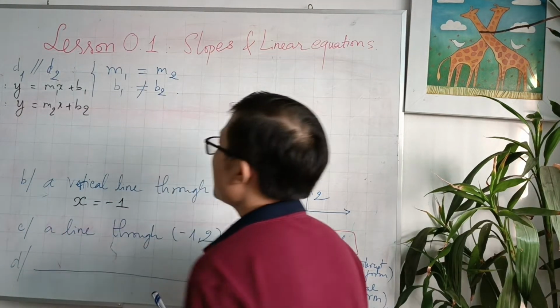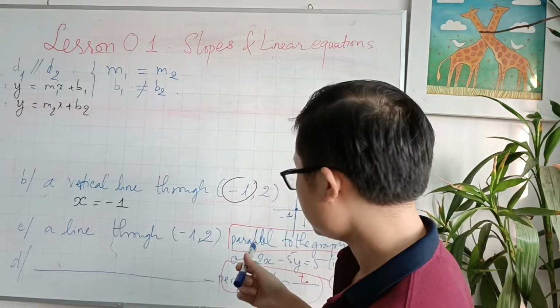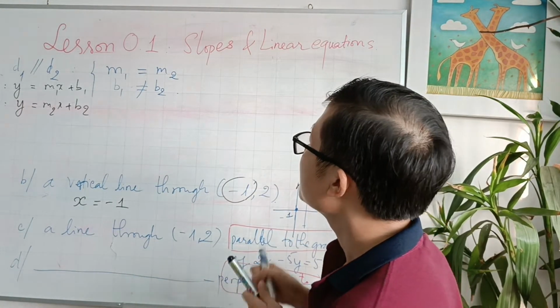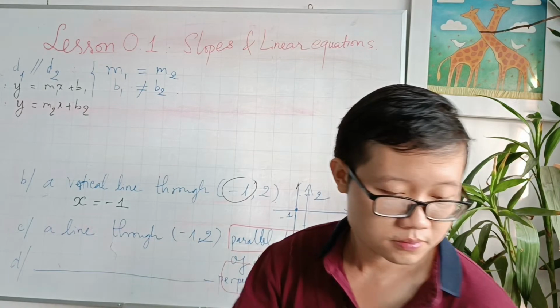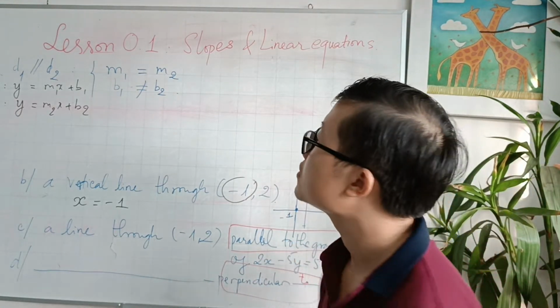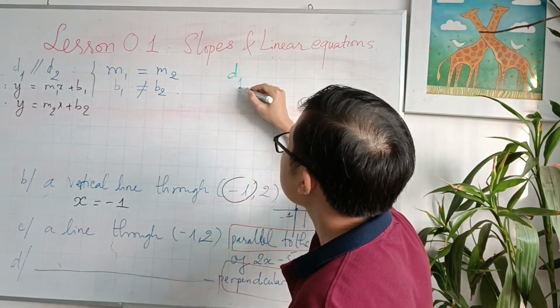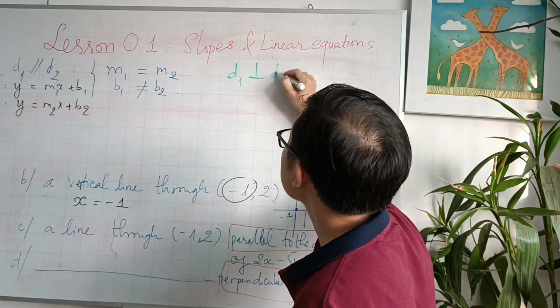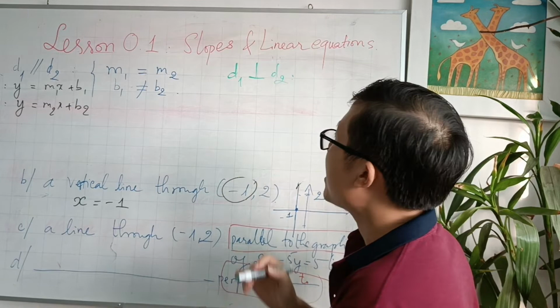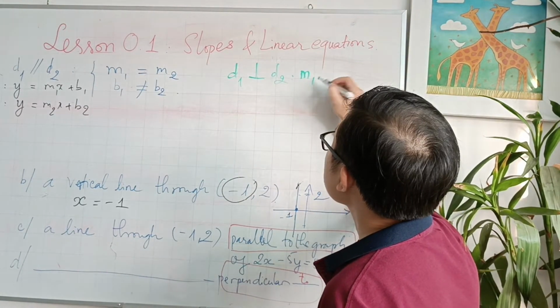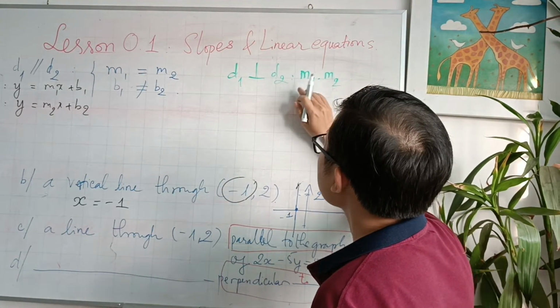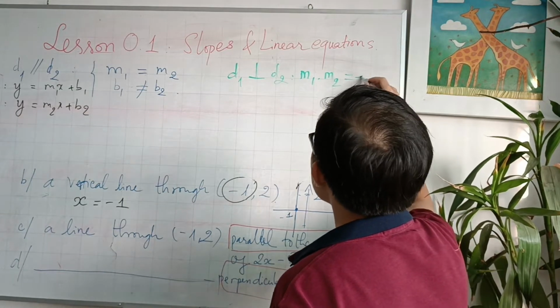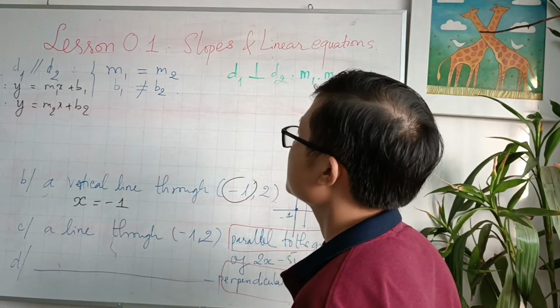And when D1 is perpendicular to D2, we have m1 times m2 equals -1.